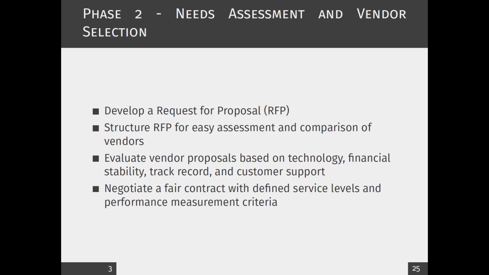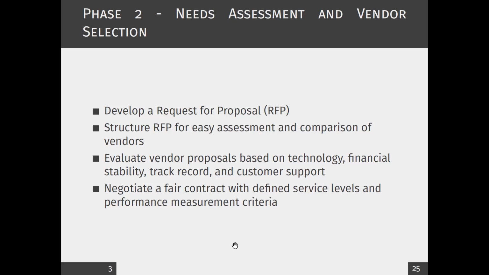Now you are providing a solution. Let's say you have a problem and whether these suppliers can give us a satisfactory answer. It's a must, especially when you go for outsourcing, right? So the track record and their customer support is what we need to evaluate during phase number two.